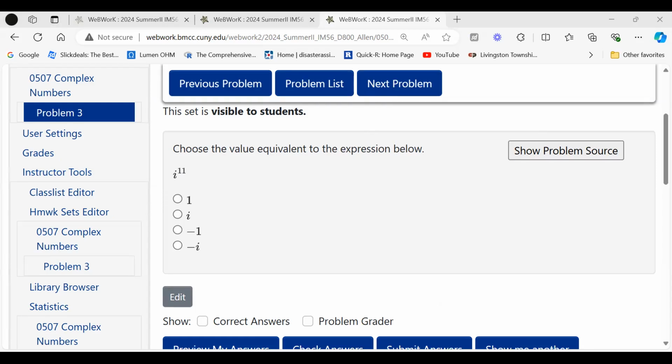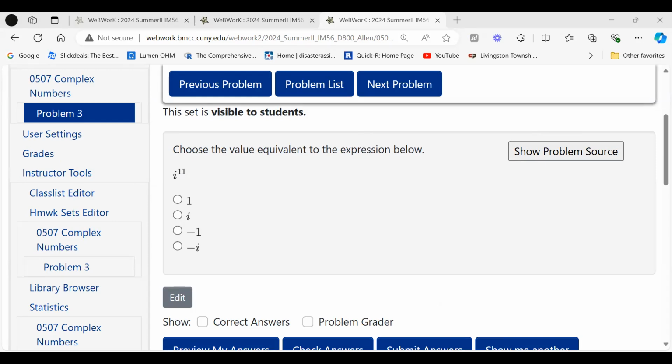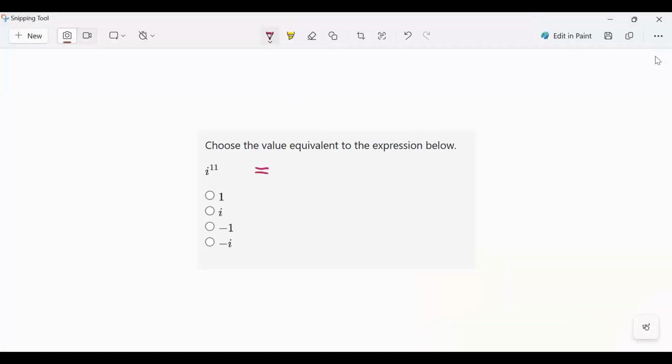Okay, so one way to look at it is you split that as i squared times i to the 10th times i to the first. So just break it down as i to the 10th, an even power, and then i to the first. And then i to the 10th, you can write it as i squared to the 5th, just like a raised to the b power raised to the c power could be a to the b, raised to the c.